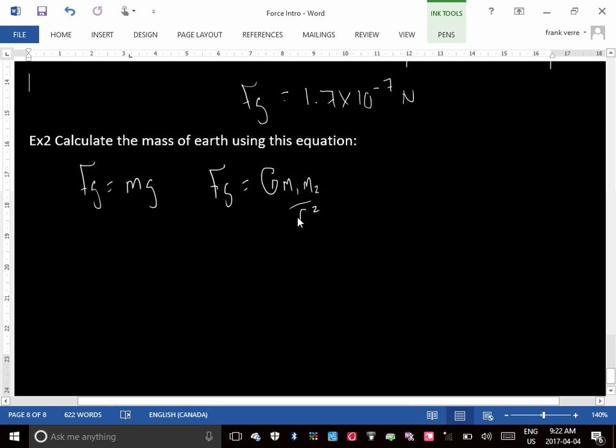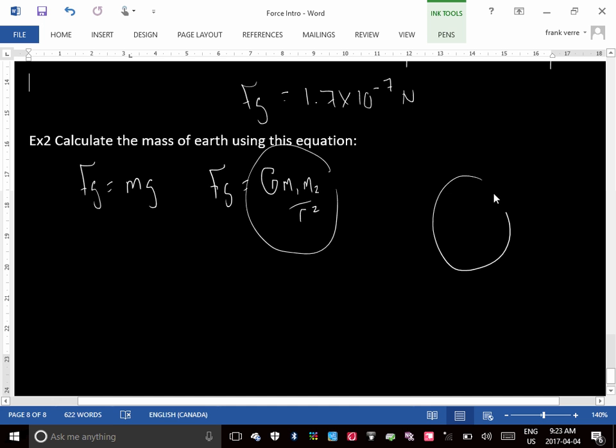See how this says m1, m2? Could we use this equation to figure out the force of attraction between you and the Earth? You can. But what would you need? Well, you would need your mass, the mass of the Earth, and the distance from you to the center of the Earth, right?